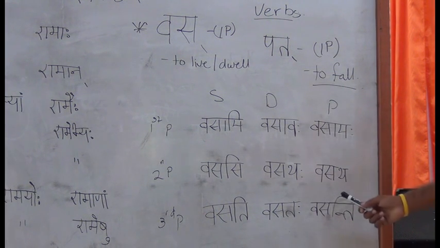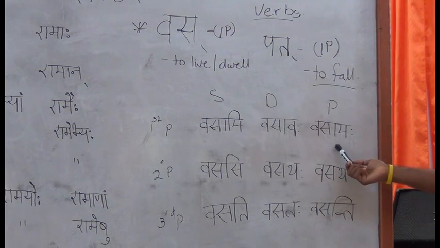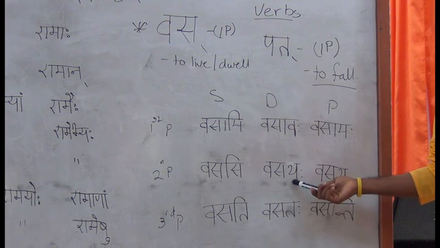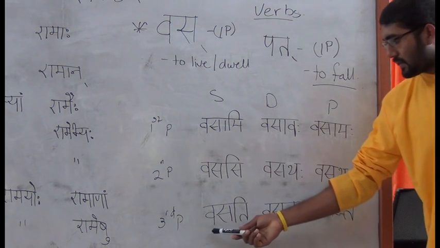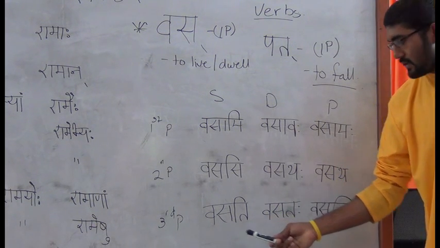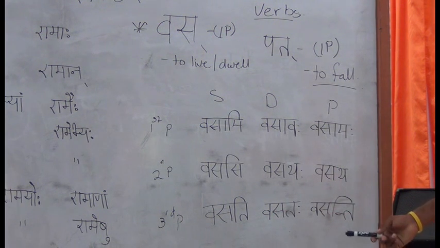Very well. This is very, very good. I live, we two live, we all live. You live, you two live, you all live. It lives, they two live, they all live.